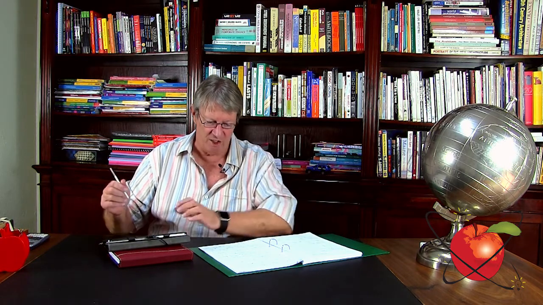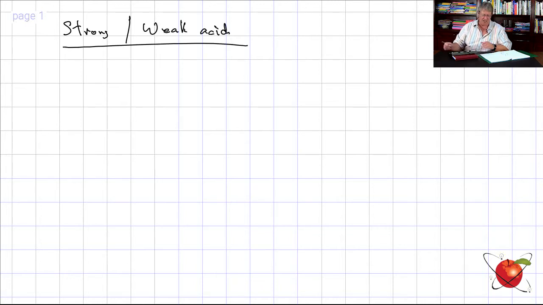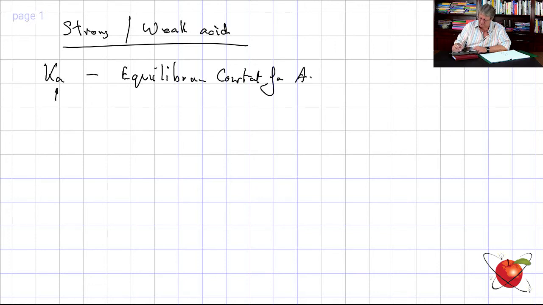We're now going to look at strong and weak acids. How do we define it? If you remember, we do it through Ka, which is the equilibrium constant for an acid.